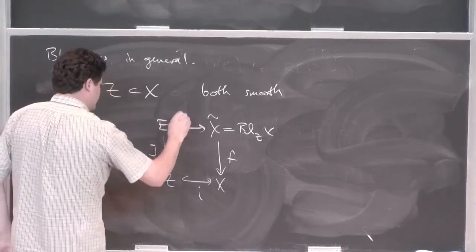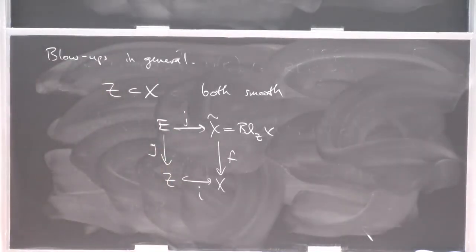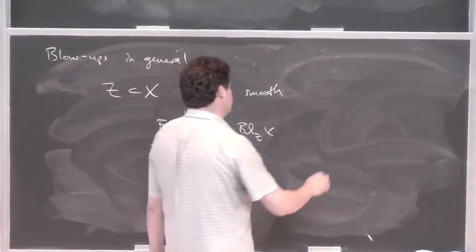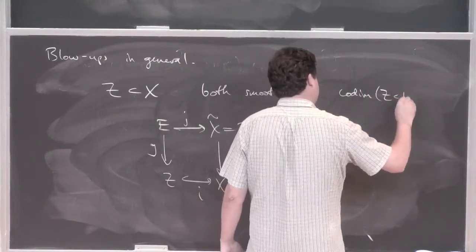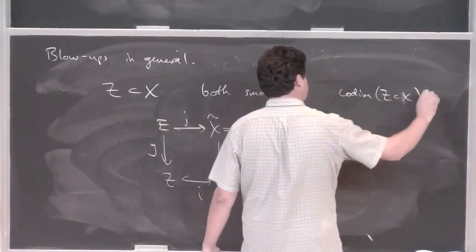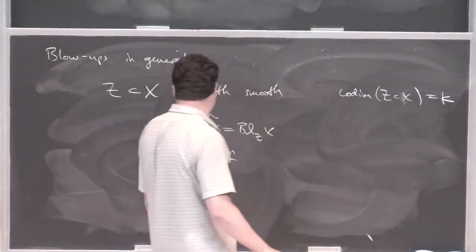Maybe I'll call this G and this J. Z can be as big as it needs to be, anything you like. So let's call its codimension in X K, for codimension.